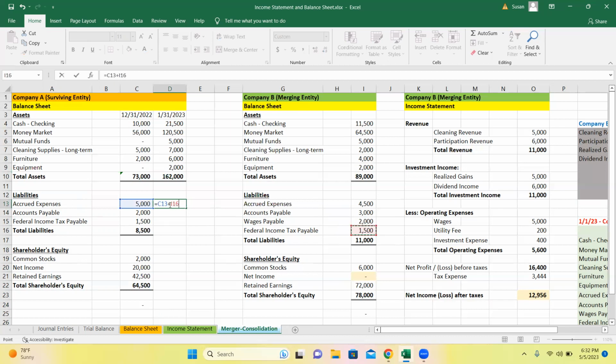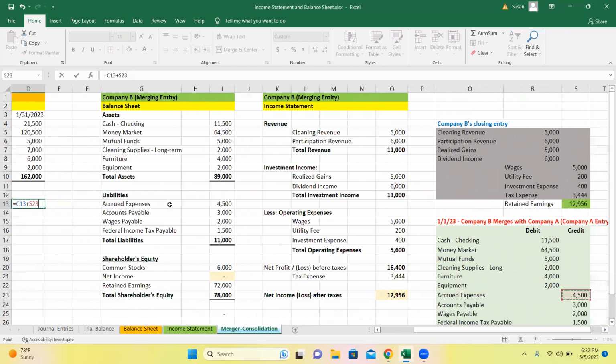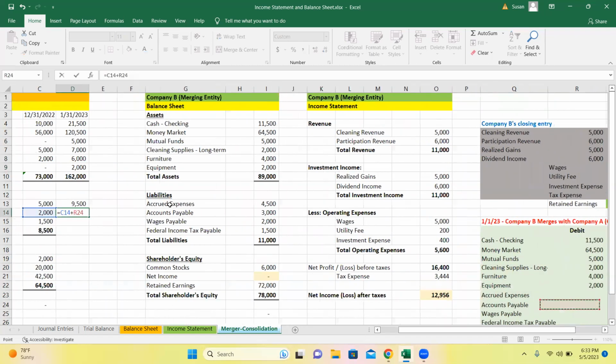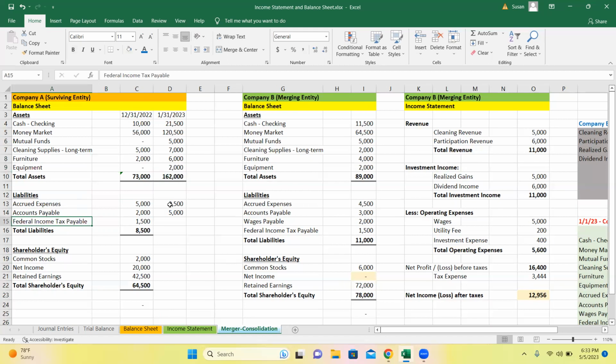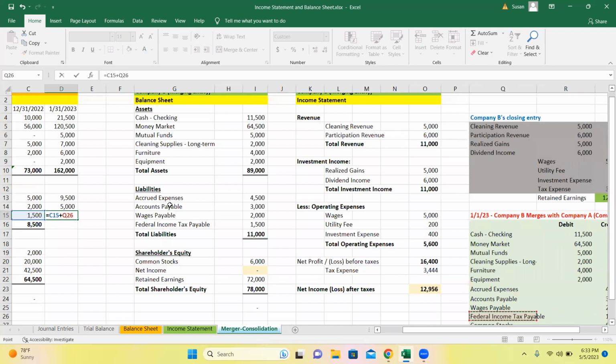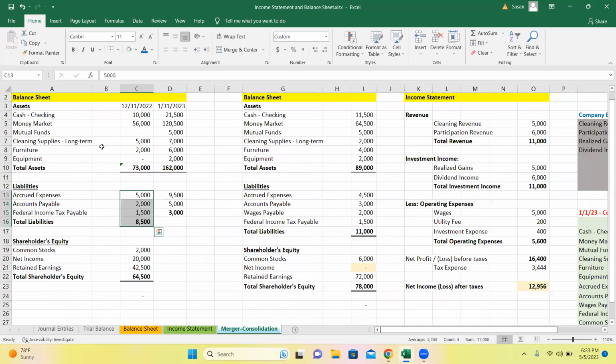Same thing, take what is currently in company A plus the new stuff that they're merging with company B. And that becomes the revised liabilities total. Now on to equity.